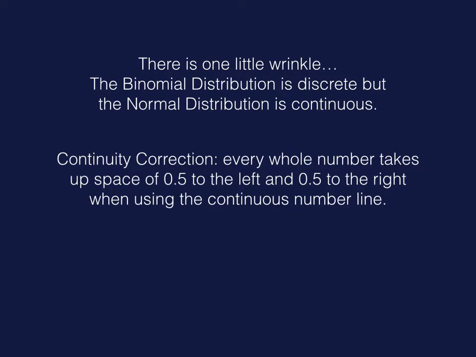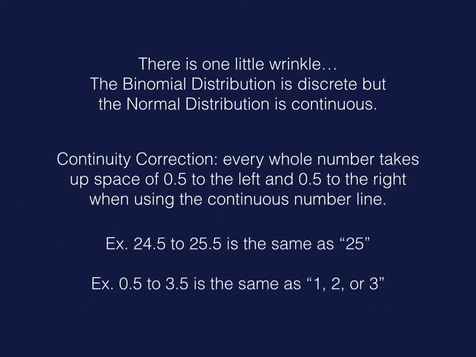So if I want the probability of 25 exactly, I'm going to go between 24.5 and 25.5. That whole range corresponds to 25. And if I want 1, 2, or 3, I'm going to start 0.5 below 1 and go all the way up to 0.5 above 3.